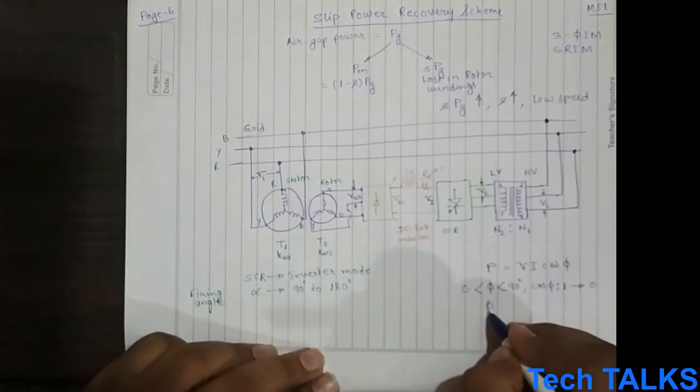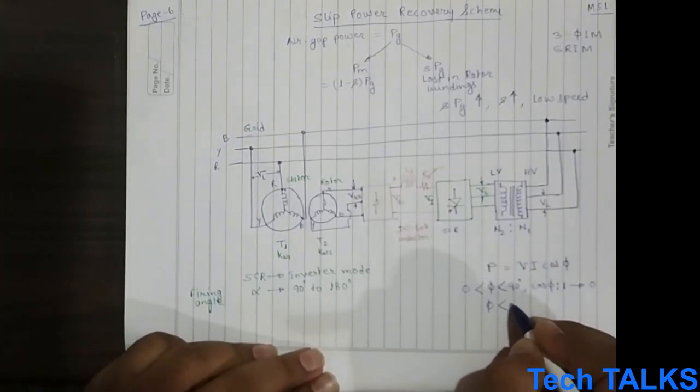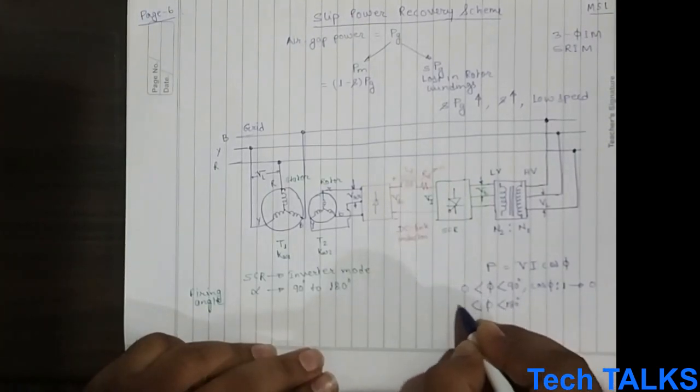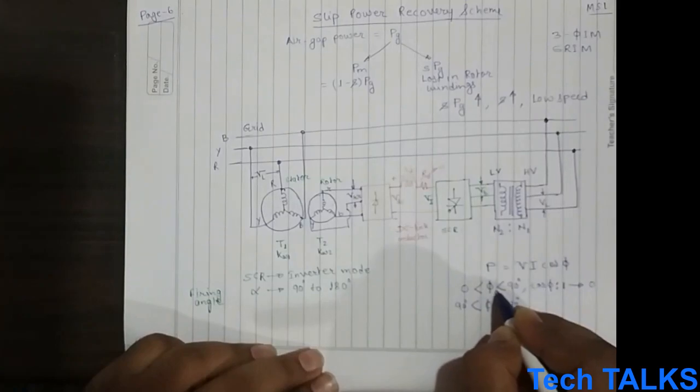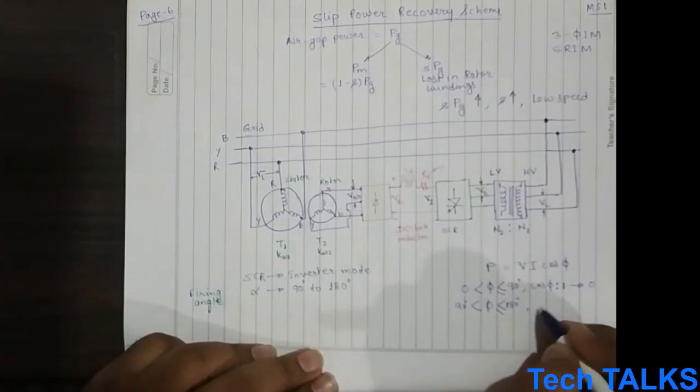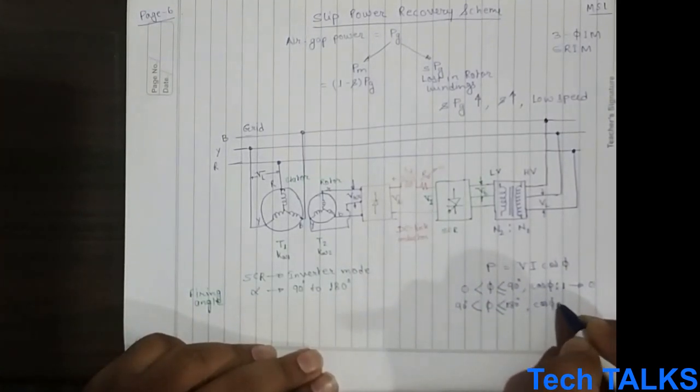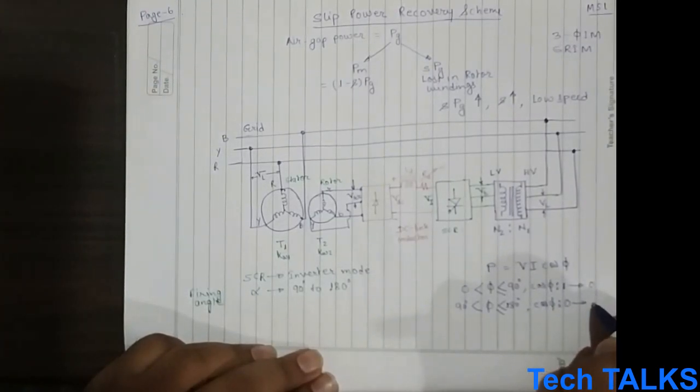When phi is more than 90 and up to 180 degrees, then cos phi is 0 to -1.